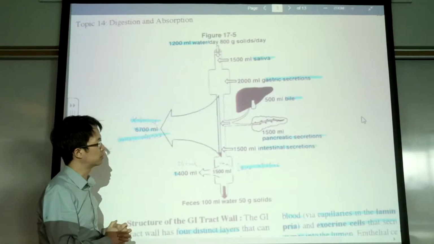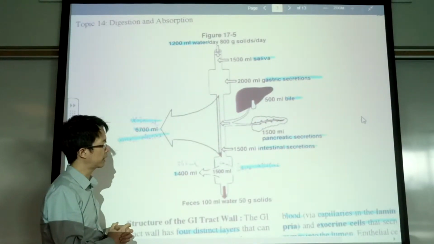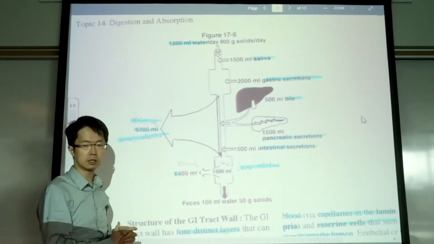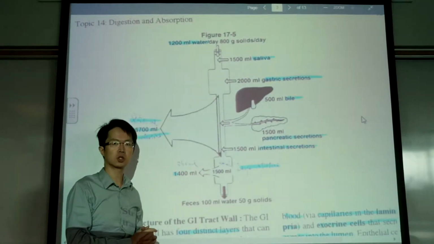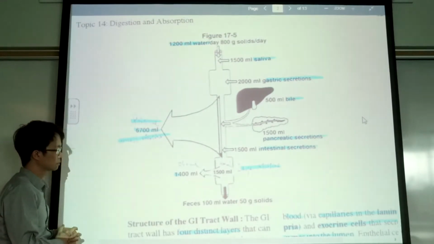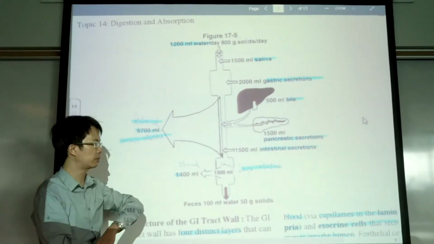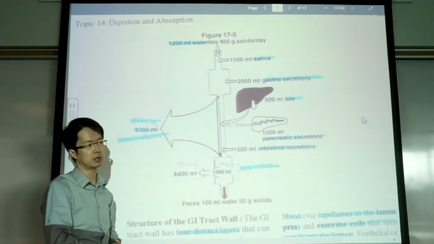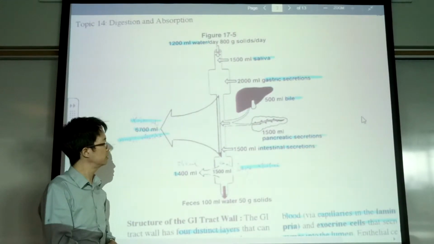And then liver will produce 500 ml of bile. Pancreas will secrete 1.5 liter of digestive enzyme and also bicarbonate ion. And then intestine will also secrete 1.5 liter, let's say enzyme, mucus, and so on.